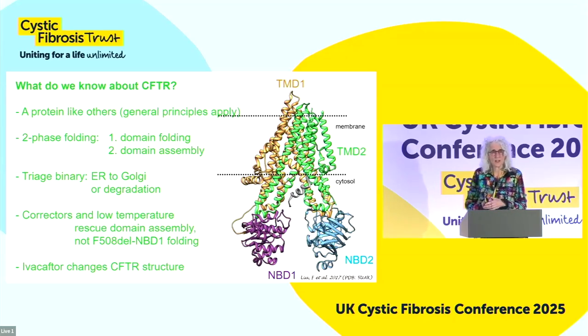We know that two, heat shock protein 70 and 90, are absolutely crucial to get CFTR to fold. All of us that are healthy, don't have CF, basically would be suffering from CF and probably many other diseases if we wouldn't have these two chaperones.